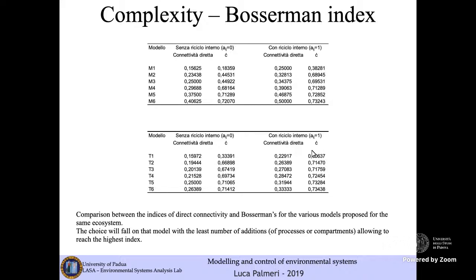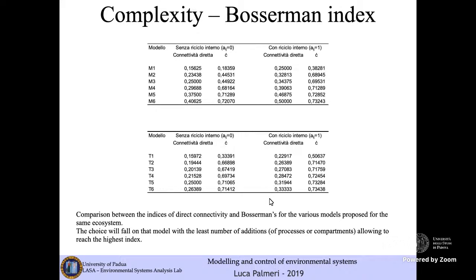So the idea is that you can employ these indicators, direct connectivity and Boltzmann recycling index, to decide if the complications that you're adding to your model or to the box and flow descriptions are worthwhile including or not.